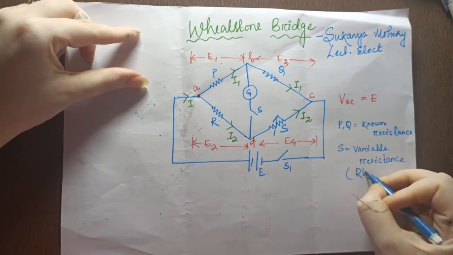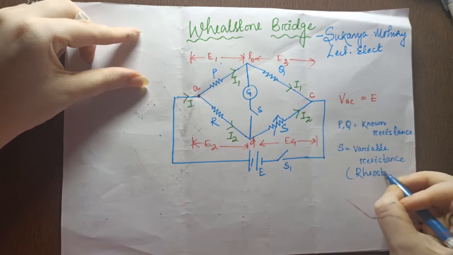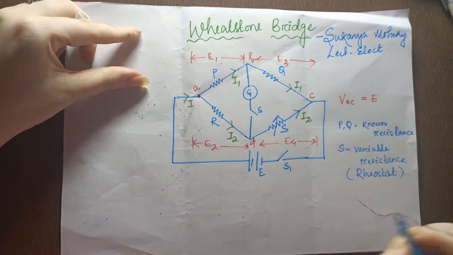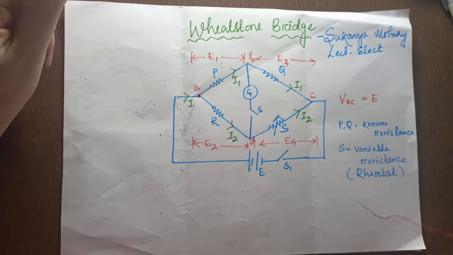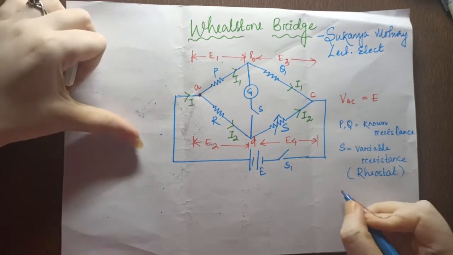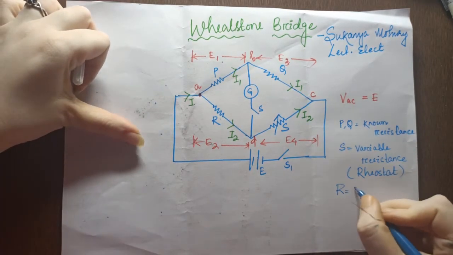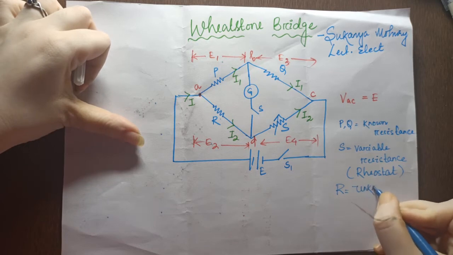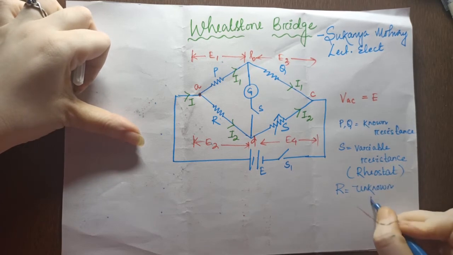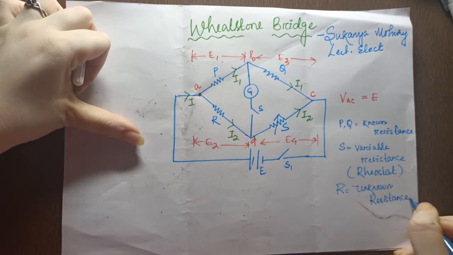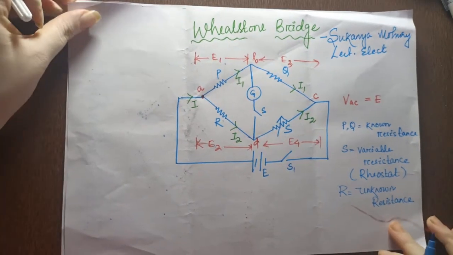Okay, rheostat is a device where you can vary the resistance value. Now next, the unknown resistance is R. This is the resistance which you have to calculate by using the Wheatstone bridge method.